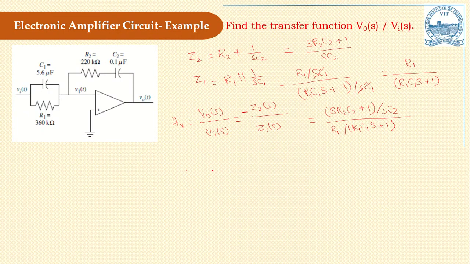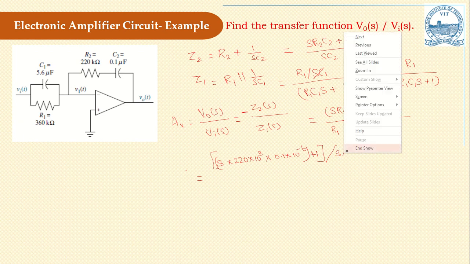So let me substitute this. R2 value is 220 kilo ohm, so I am taking it as 220 into 10 power 3, into C2 value of 0.1 microfarad, so 0.1 into 10 power minus 6, plus 1, divided by S into C2.